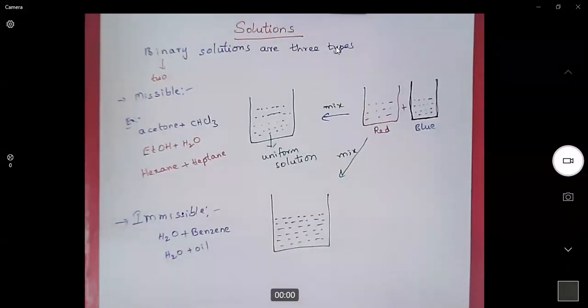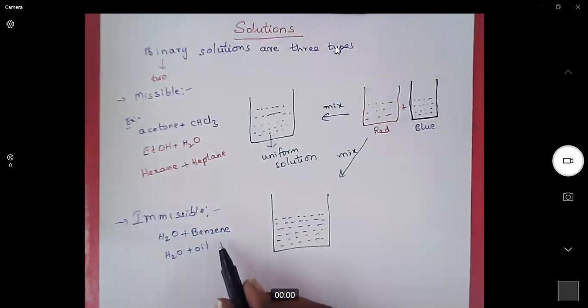Whenever you place a drop of oil in water, you will see a layer of oil on top of the water. So oil and water never mix with each other. Similarly, any organic solvent like benzene, toluene, chloroform, any organic solvent will not mix with water.